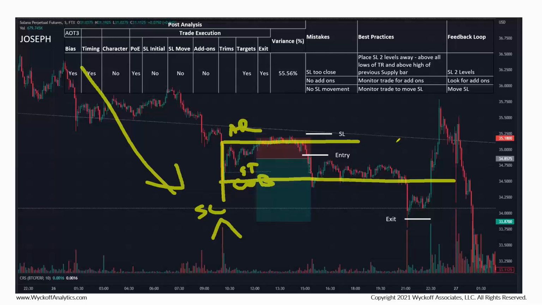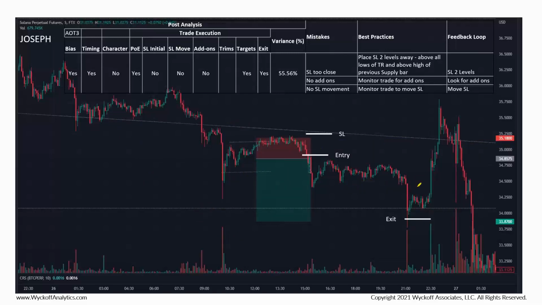And we see that Joseph's entry is essentially right after. It's an interesting trade in terms of how he read this whole structure, because after the automatic rally, there's just a very high test. We go back up and don't quite overcome the highs of the final breakdown.